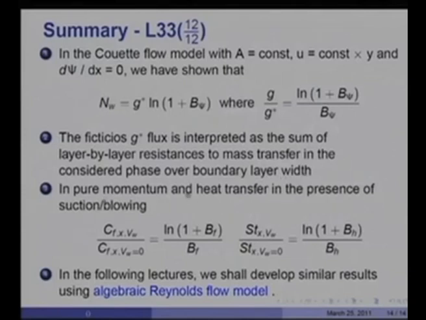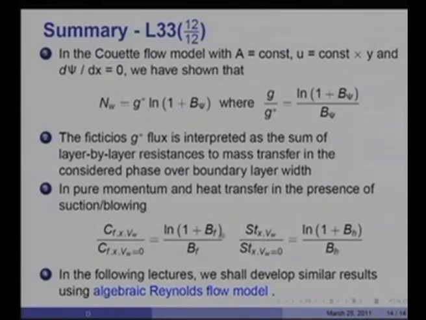In pure momentum and heat transfer, in the presence of suction and blowing, that is without gradients of species of any kind, because the same species is being sucked or blown, we have shown that Cfx in the presence of suction and blowing divided by Cfx in the absence of it is simply ln 1 plus Bf by Bf, and the heat transfer likewise would be ln 1 plus Bh by Bh.